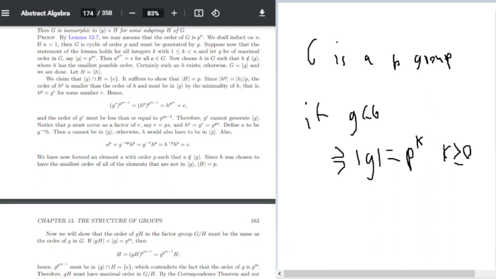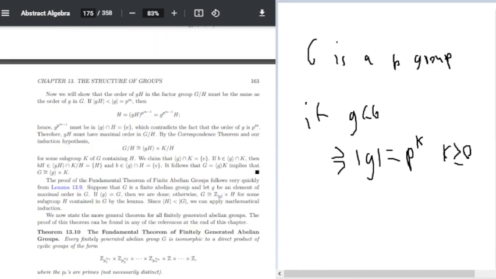Now, we will show that the order of gH in the factor group G over H must be the same as the order of g in G. If the order of gH is less than the order of g, which is p^m, then H = (gH)^(p^(m-1)) = g^(p^(m-1))H. Hence, g^(p^(m-1)) must be in the cyclic group generated by g intersected with H, which is {e}, which contradicts the fact that the order of g is p^m.